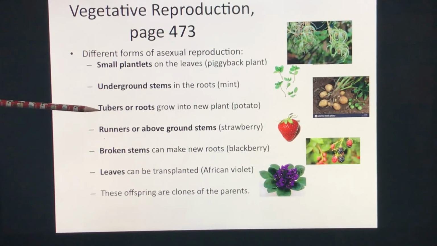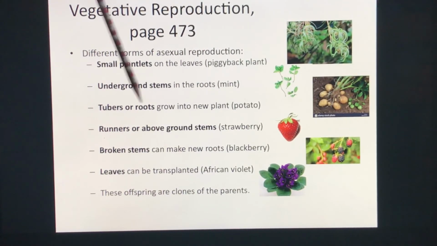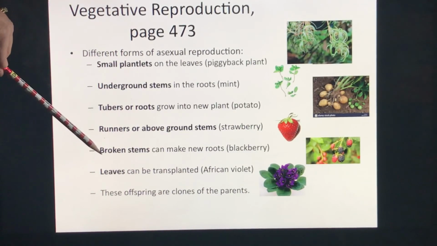Then there's tubers or roots. Remember, tubers are actually specialized stems, and a potato is a tuber, or you can have roots that grow into new plants. You can also have runners or above ground stems, and we'll be looking at an example of that in strawberries. You can have broken stems that make new roots.